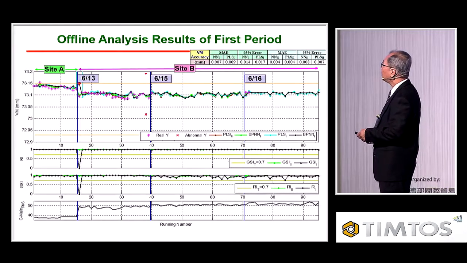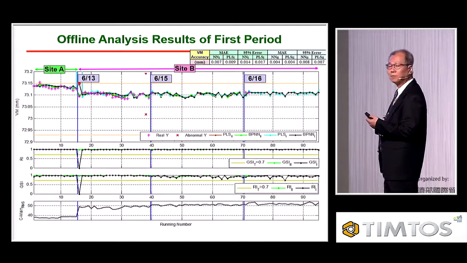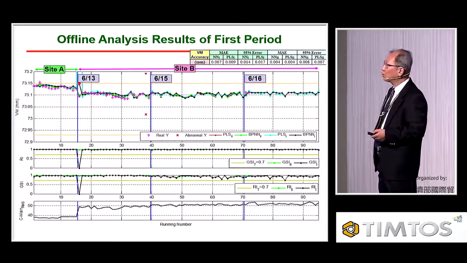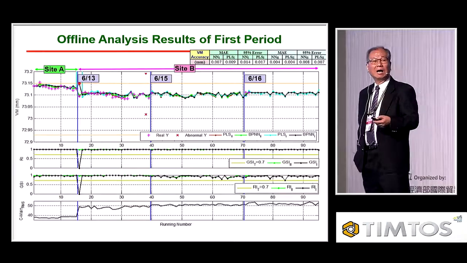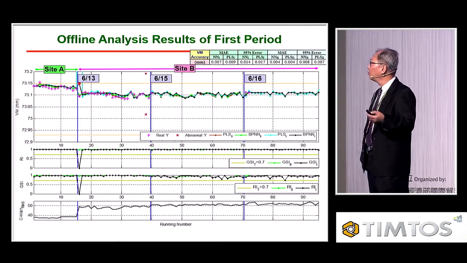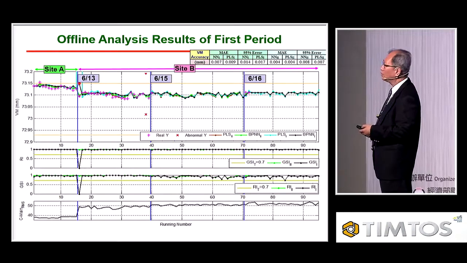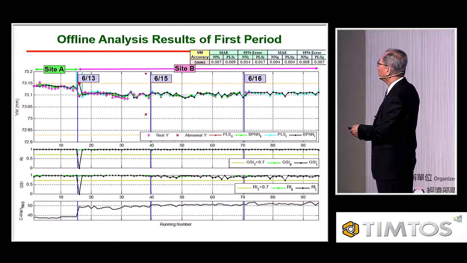In order to verify that the quality of the virtual metrology is about the same as the real metrology, you see the red dot is the real metrology value, and the black curve is the virtual metrology. So it's about the same.